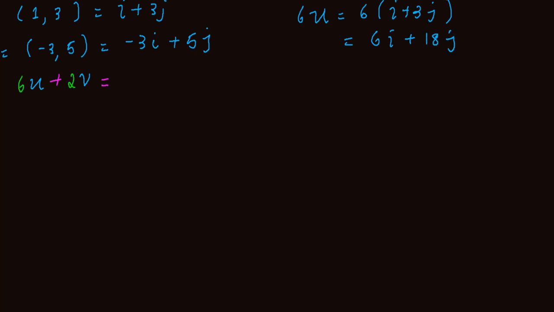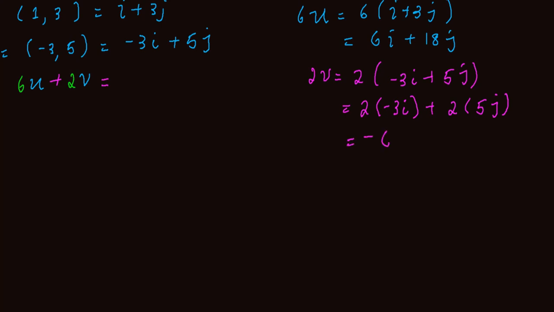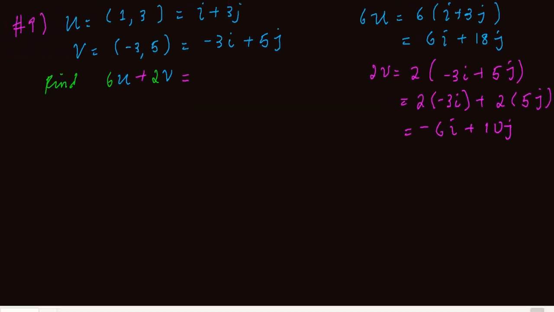Similarly, 2 times the vector v means scaling by two. v is minus 3 in the i plus 5 in the j direction. And this will be 2 times minus 3 in the i direction plus 2 times 5 in the j direction. Then this will be minus 6 in the i direction plus 10 in the j direction.